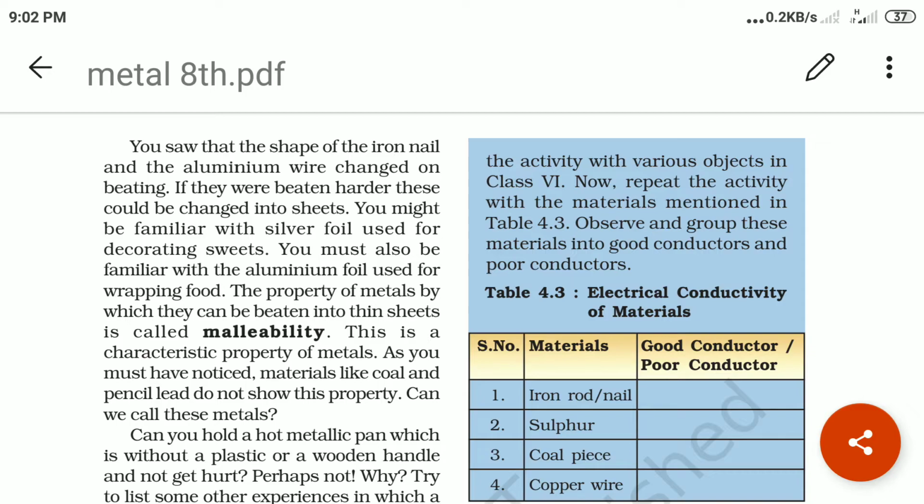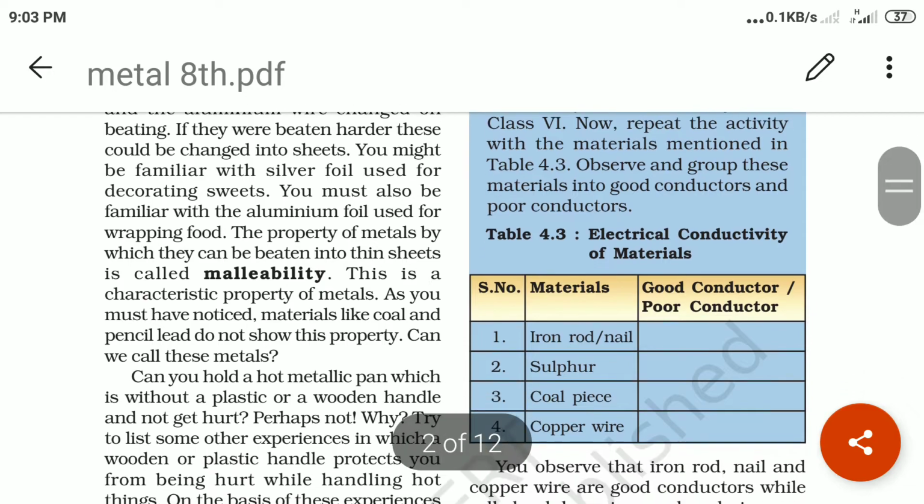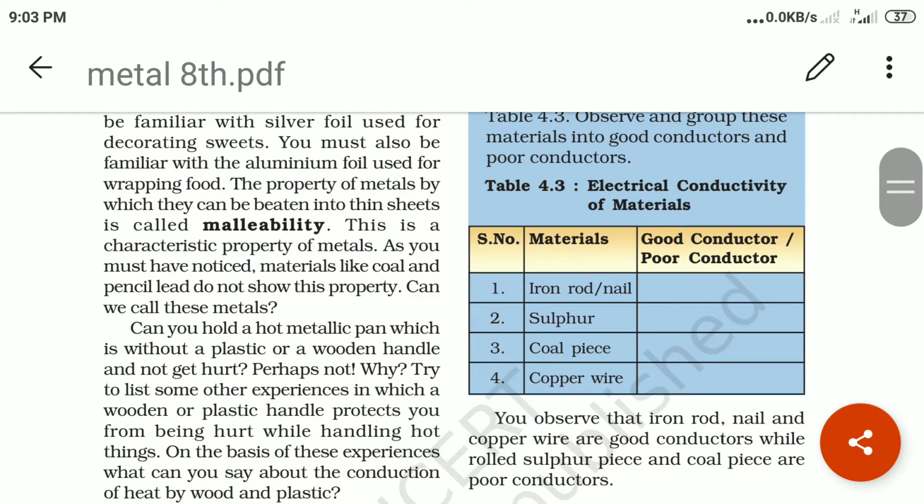You must also be familiar with aluminium foil used for wrapping food. The property of metals by which they can be beaten into thin sheets is called malleability. Malleability means the metal changes into a thin sheet. That is a physical property of metals, a characteristic property as you must have noticed.